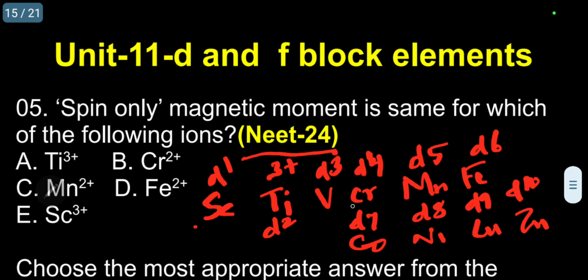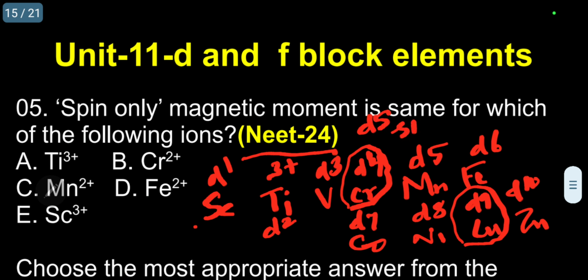Just see here, in chromium there is one exceptional case, and in copper one exceptional case. Because the most stable chromium is 3D5, 4S1. Same way in copper, 3D10, 4S1. So now it is given. Let me come back now.